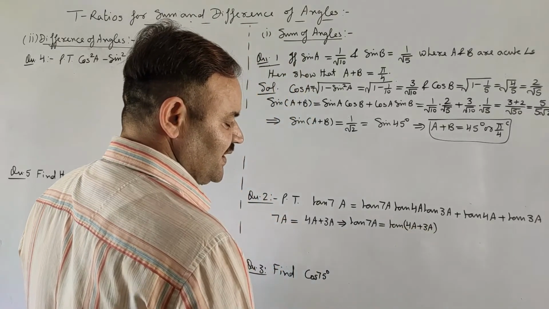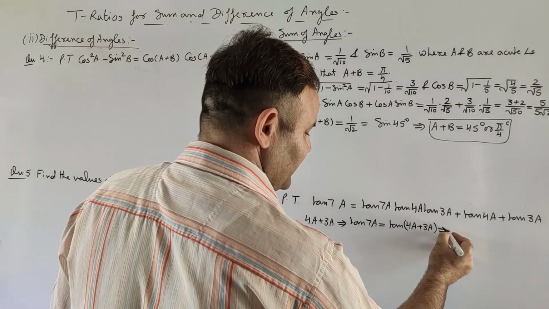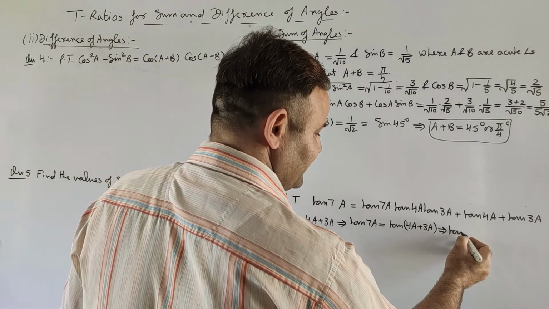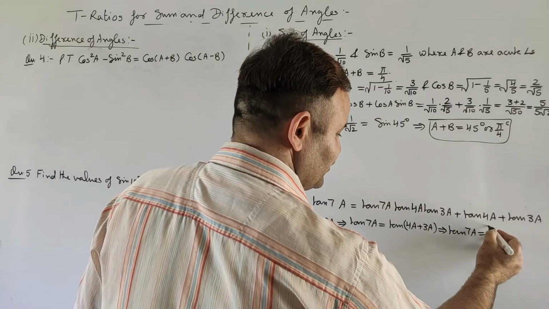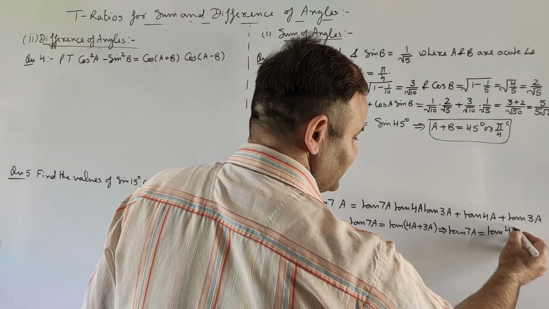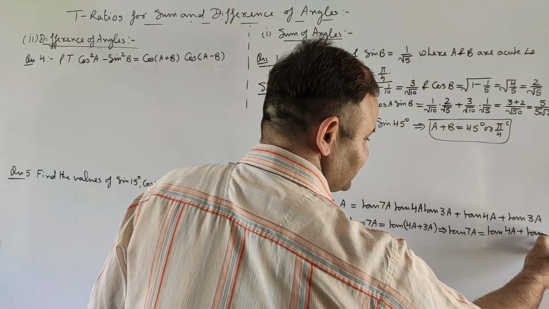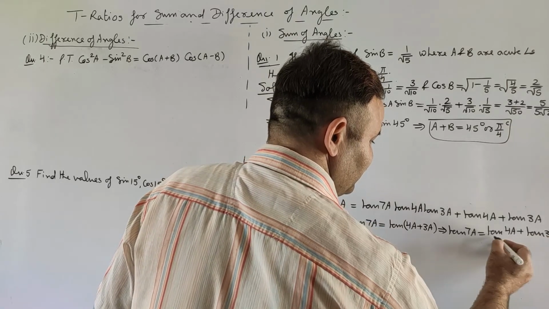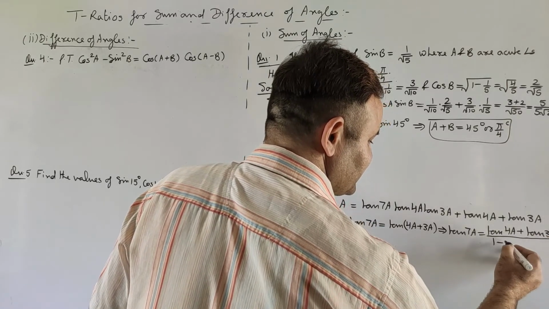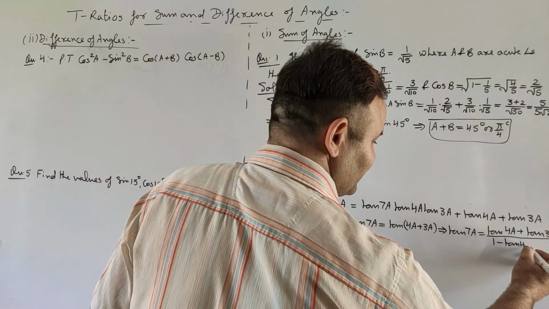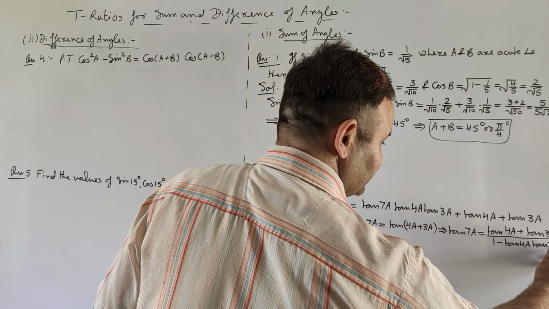Now we will open the formula for tan A plus B. Tan 7A is equal to tan 4A plus tan 3A upon 1 minus tan 4A tan 3A.